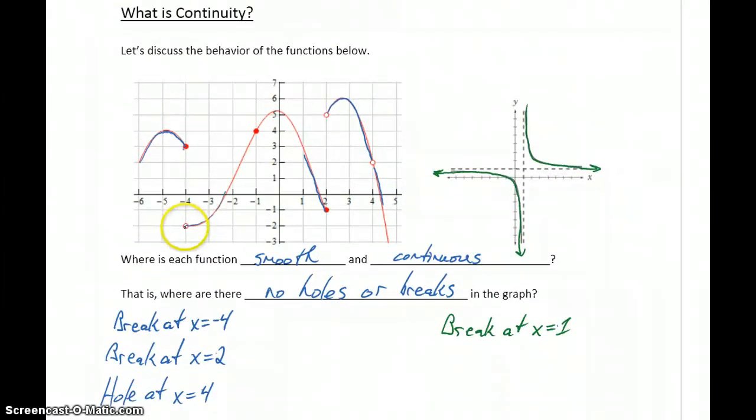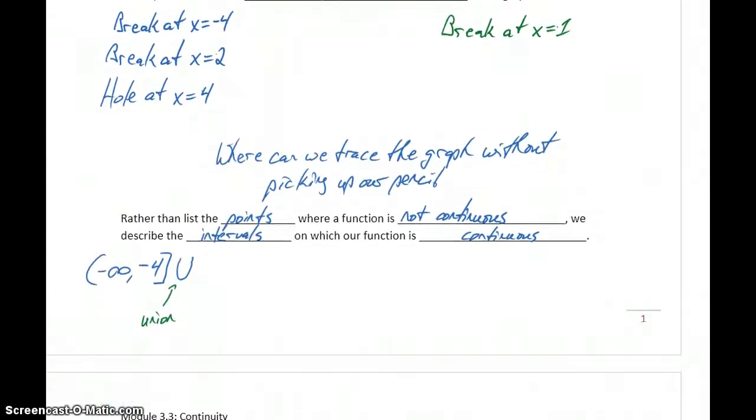Our next interval would start at x equals -4, but we would have an open circle here, so a rounded bracket, and then that would continue all the way up to x equals 2. In this case, we have a filled-in circle, so we would have a closed bracket. So from open -4 to closed 2.